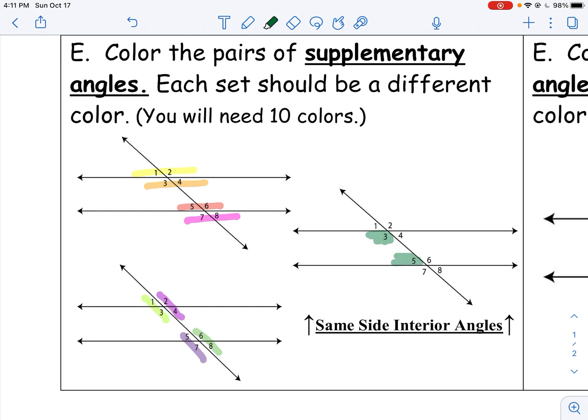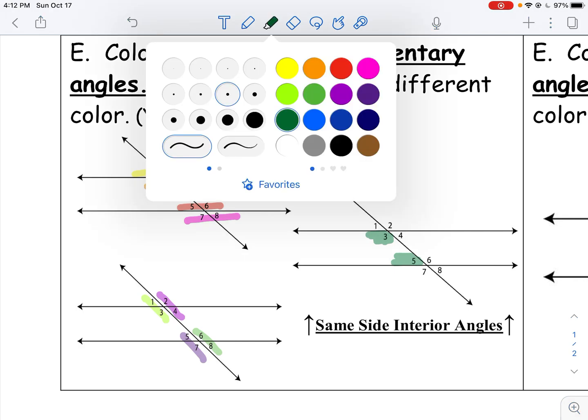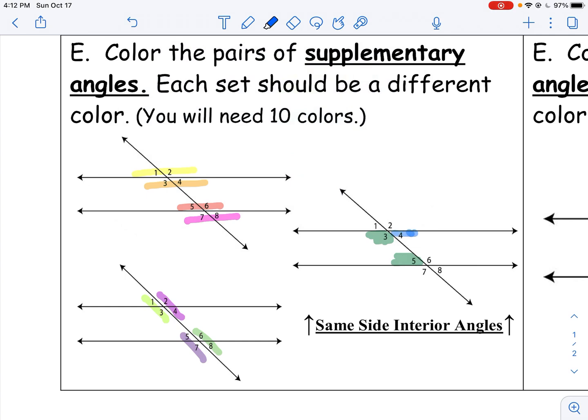They're same side interior angles. If you look, angle 3 is an obtuse, where angle 5 is an acute. And then 4 and 6 would be same side interior. These are supplementary angles. Some of you may be saying, what does supplementary mean? It means if I add the two angles together, they equal 180 degrees.